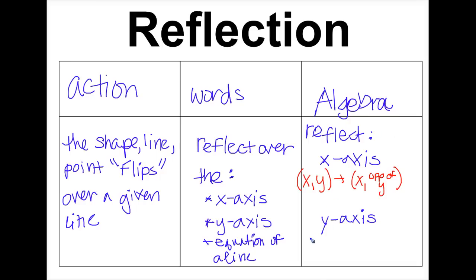And when we reflected over the y-axis, we got the opposite of x, and the y stayed the same. Okay, so this would be the algebra if you were asked to write down the coordinate changes. This is what we would write. That's it.